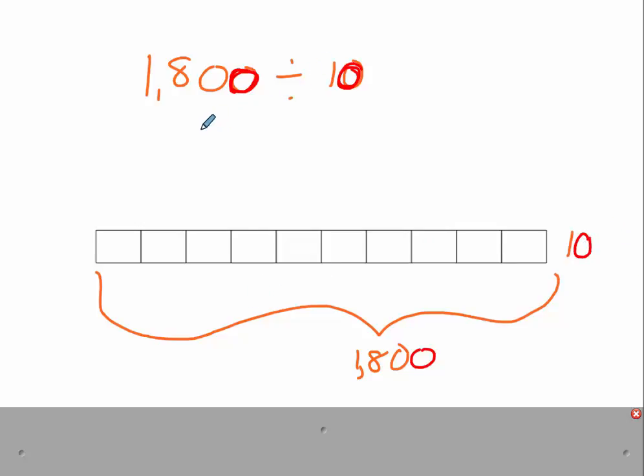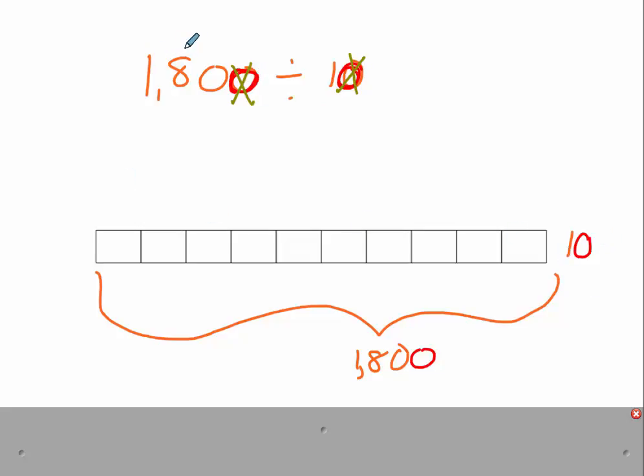Alright, so I want you guys to go ahead and figure this out. Push pause on the video so you can take a moment to solve this problem. Alright, welcome back. Remember, when we're dividing, our zeros are allowed to cancel out. The same amount of zeros over here can cancel out this 0 over here.